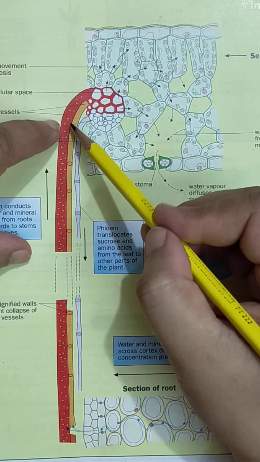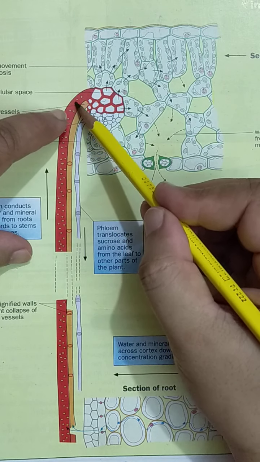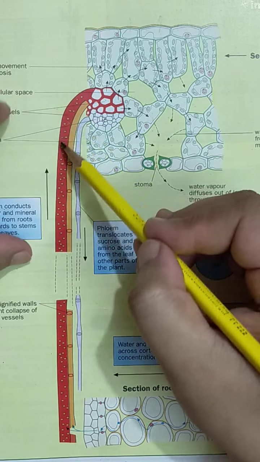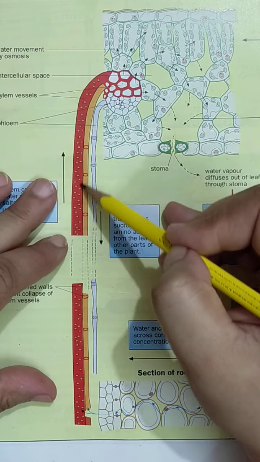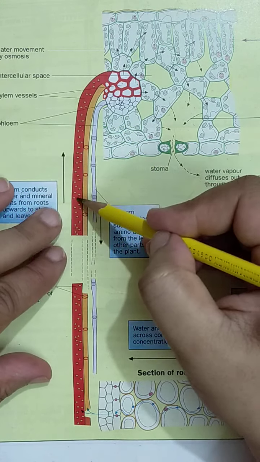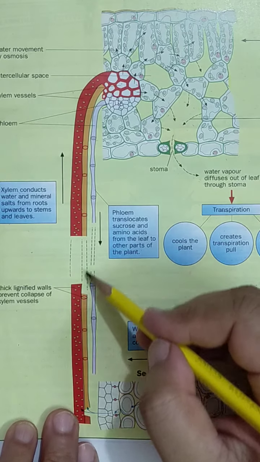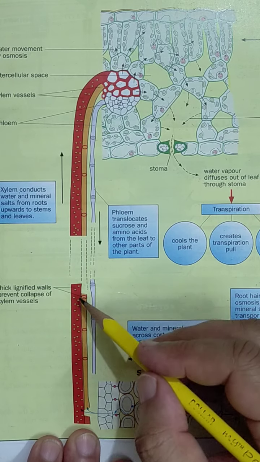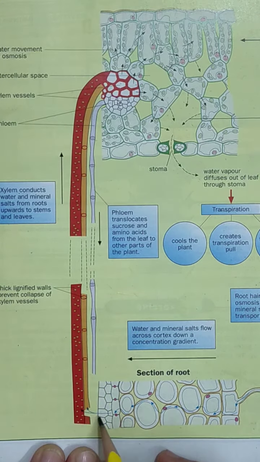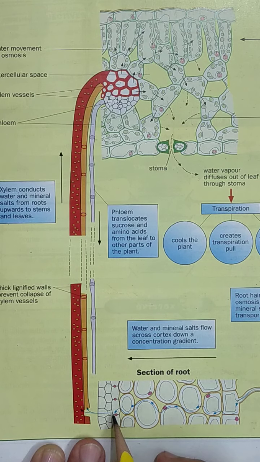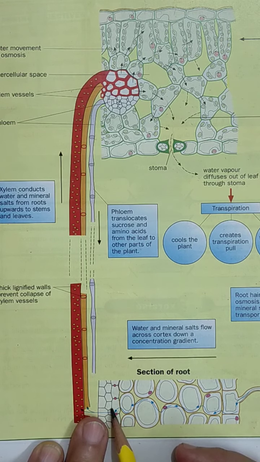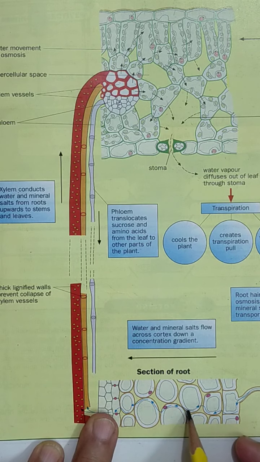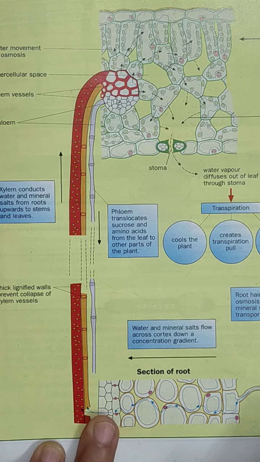When water of the xylem of the stem goes into the leaf, a deficiency or pull is shifted here. So it will take water from the lower xylem cells, and the lower xylem cells will take water from further cells below them, and ultimately they will take water from the xylem of the root. And when there is a deficiency in the xylem of the root, it will take water from the root hair, and the root hair will take water from the soil.